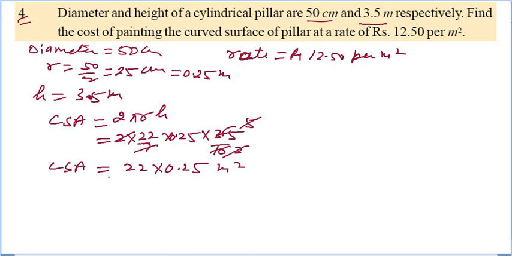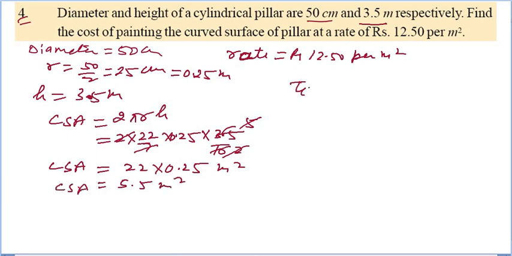Now you can multiply and get the answer. It is 5.5 meter square. It is CSA.